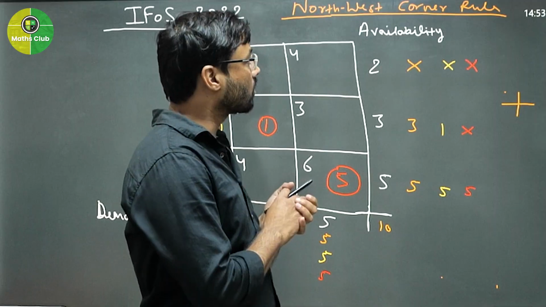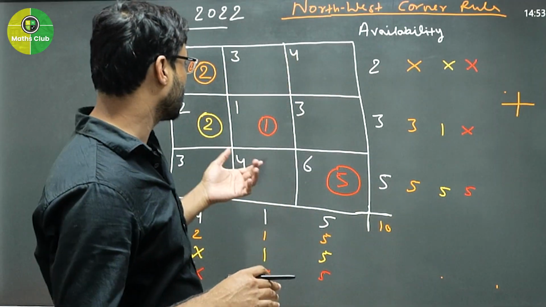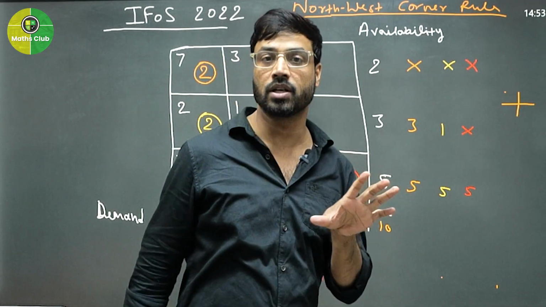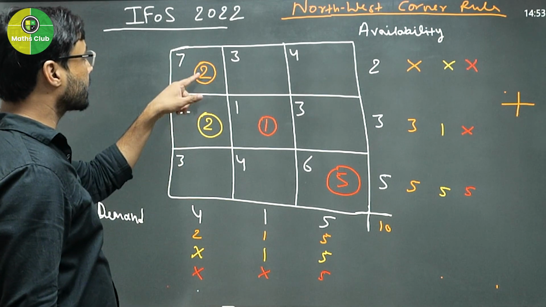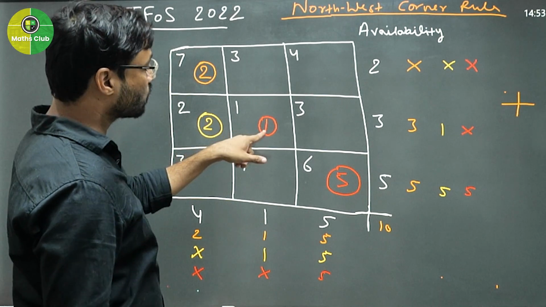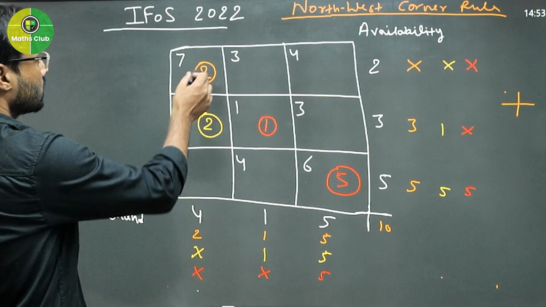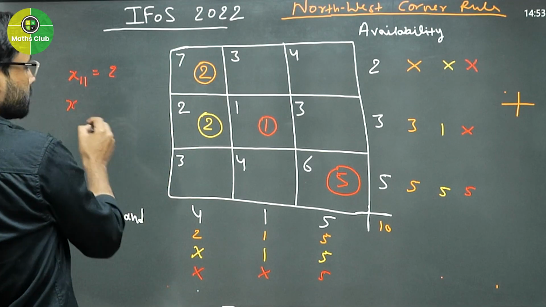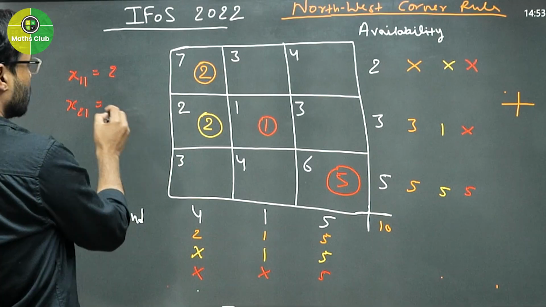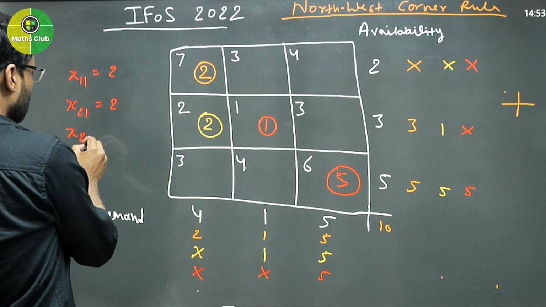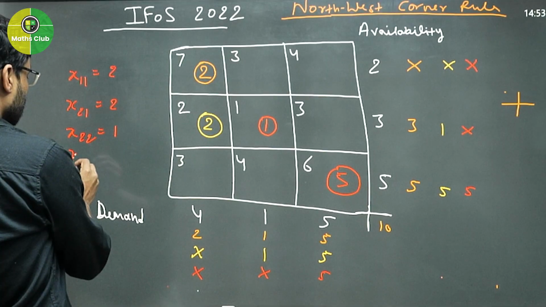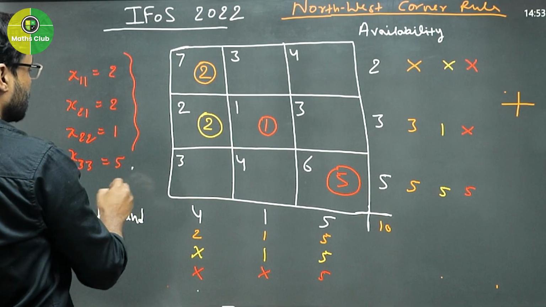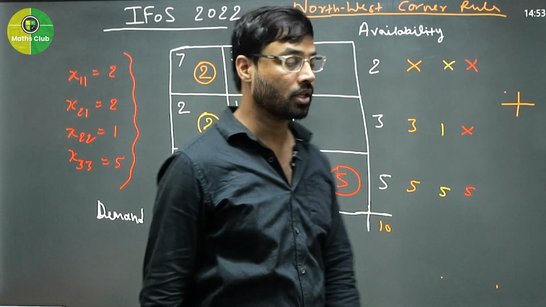Demand equals availability and we have allocated everything possible. So this is the initial feasible solution: x11 equal to 2, x21 equal to 2, x22 equal to 1, and x33 equal to 5 is the required initial feasible solution.